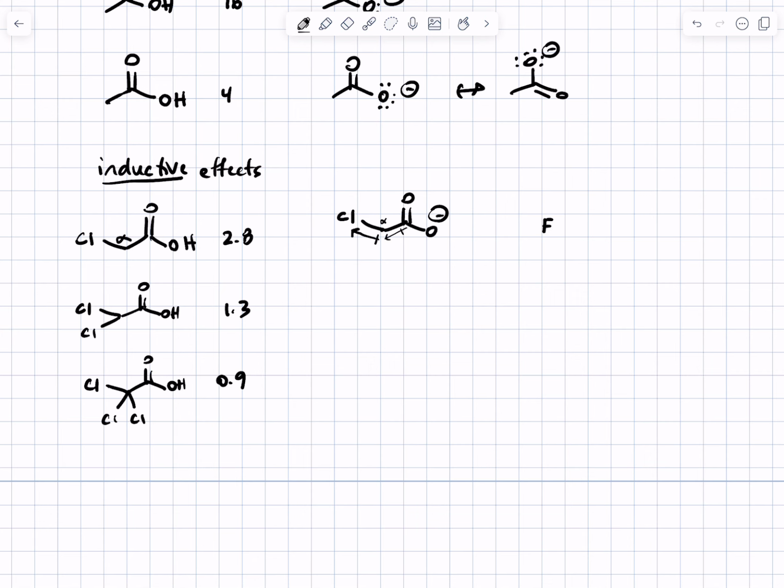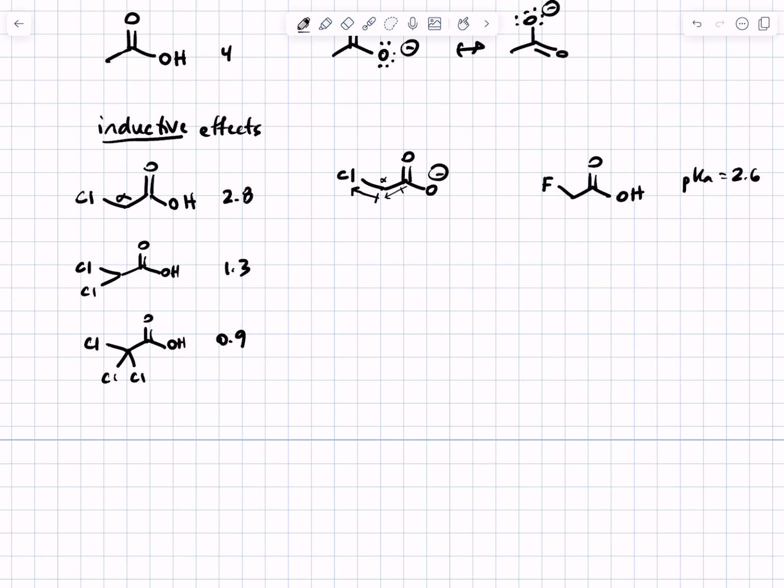And trends follow in much the same way as you would expect. If you do fluoroacetic acid instead of chloro, the pKa is a little bit lower, meaning fluoroacetic acid is more acidic. That should be obvious because fluoro is more electronegative than chloro, right? And so it makes sense that it would be better at pulling electron density away via an inductive effect.